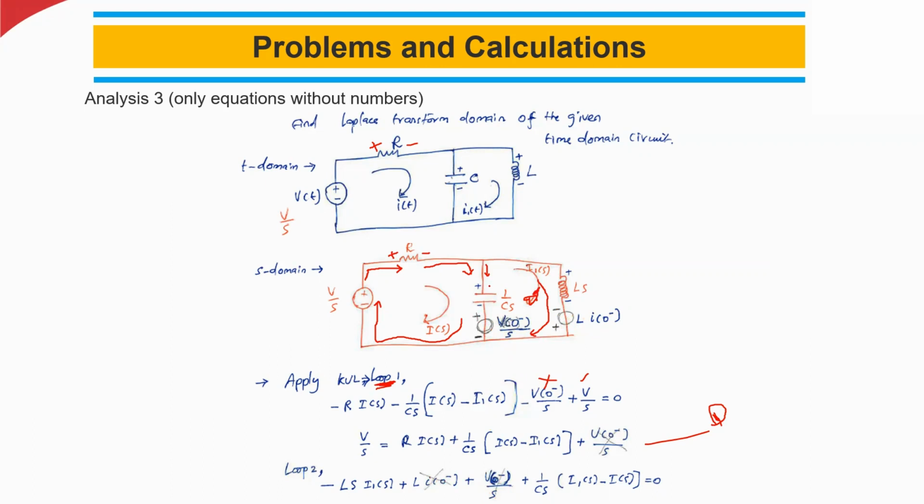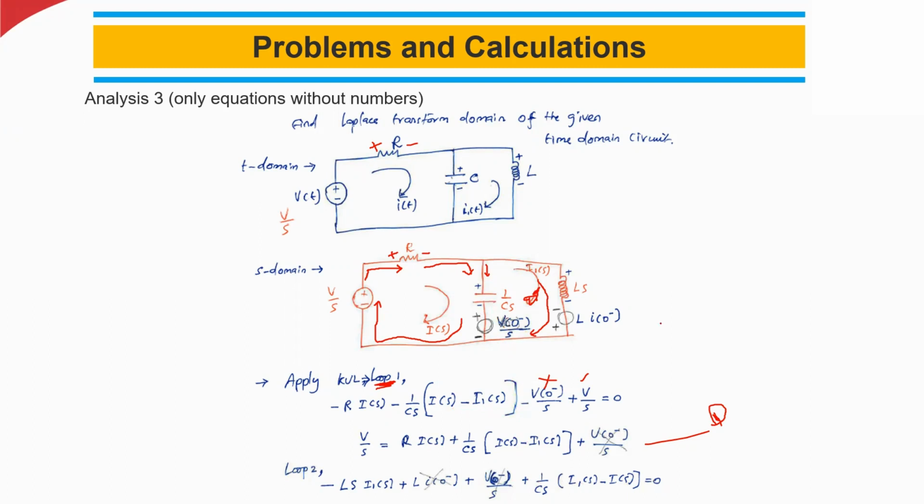And here remember we have two currents, so we have to write the current difference. Here exiting in the plus, so I am writing plus again, and then 1 divided by CS, the impedance of this capacitor, and then the two currents: I1 of S minus I of S. So this is the equation for loop 2.